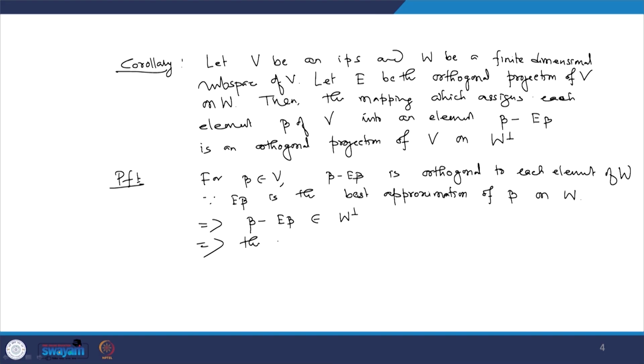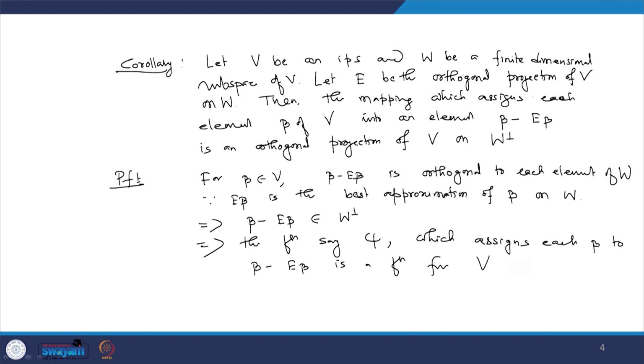So, this implies the function, say psi, which assigns each beta to beta minus E beta is a function from V into W complement.